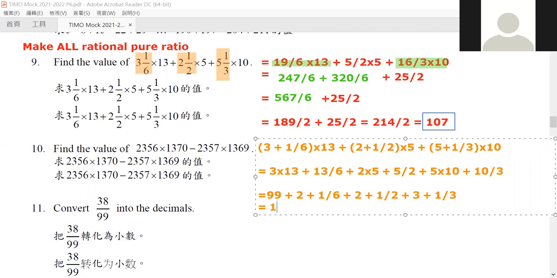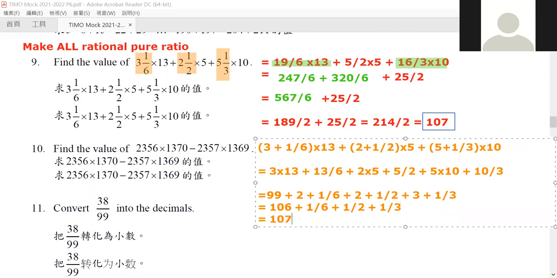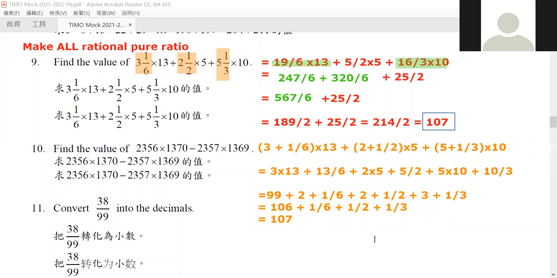And hence it will be equal to 106 plus 1 over 6 plus 1 over 2 plus 1 over 3. And hence it will be equal to 107, because 1 over 6 plus 1 over 2 plus 1 over 3 is exactly equal to 1. So this is another way of doing this. Now, both ways are correct.